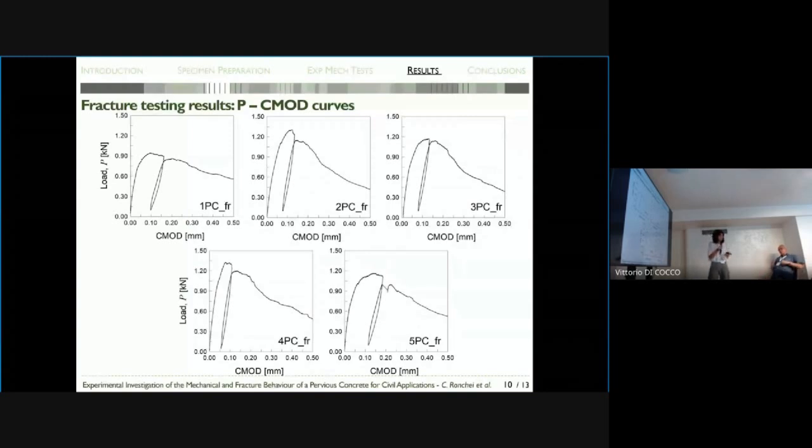Probably this behavior is due to the large pores, which are randomly distributed in the concrete mixture and play a fundamental role in the propagation of cracks during the post-peak stage. Moreover, it can be observed that the initial slope and also the trend of the softening branch are quite similar among the tested specimens.